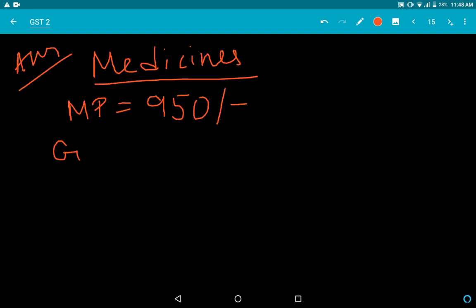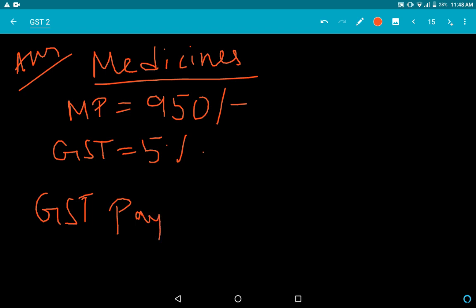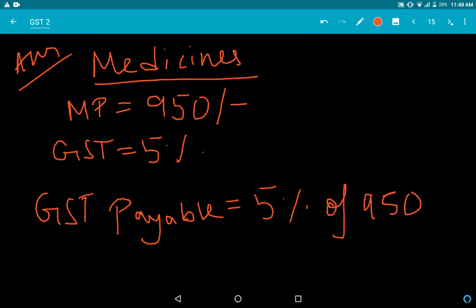Then you have to write GST is 5%. So GST payable will be 5% of 950. Now what is 5% of 950? Let me check. That is nothing but 47.5. This you have to write like this.